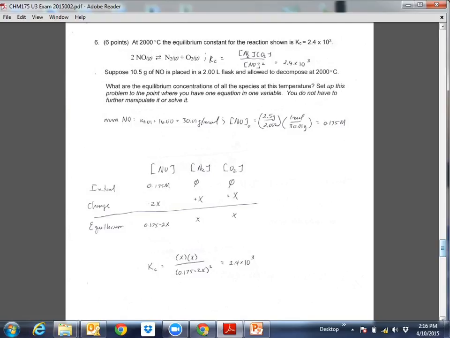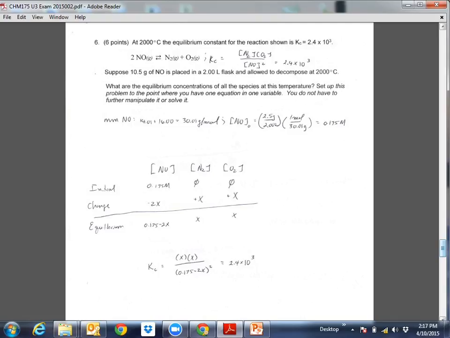Because of the stoichiometry, if we let x be equal to the amount of N2 and O2 formed, then minus 2x is the change in our NO because of the coefficient of 2 in front of the NO. So we can get equilibrium concentrations by taking the initial and applying the change.